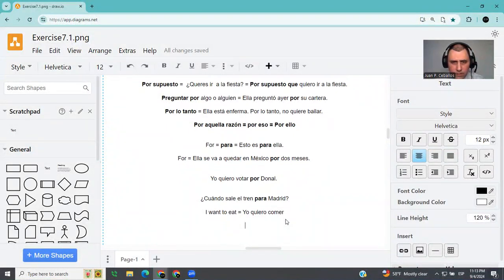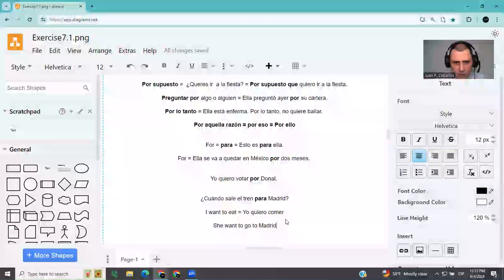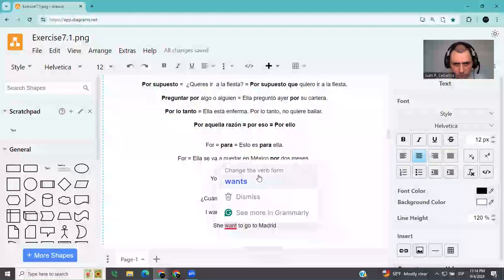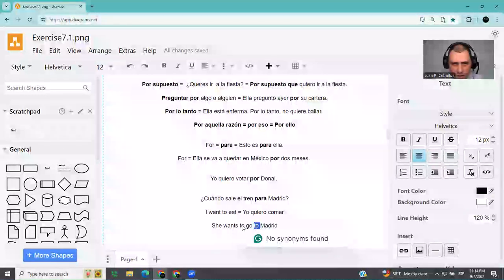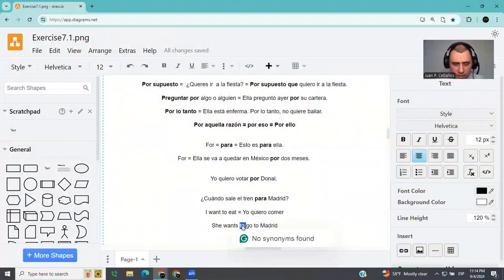To Madrid. The other one is she wants to go to Madrid. So Madrid is not a verb. So this to here is acting as a preposition, and this one is acting as an auxiliary word. So there are 2 different translations here.